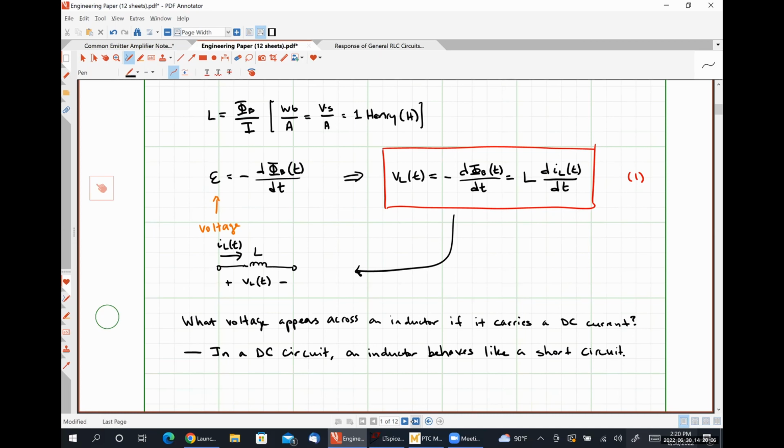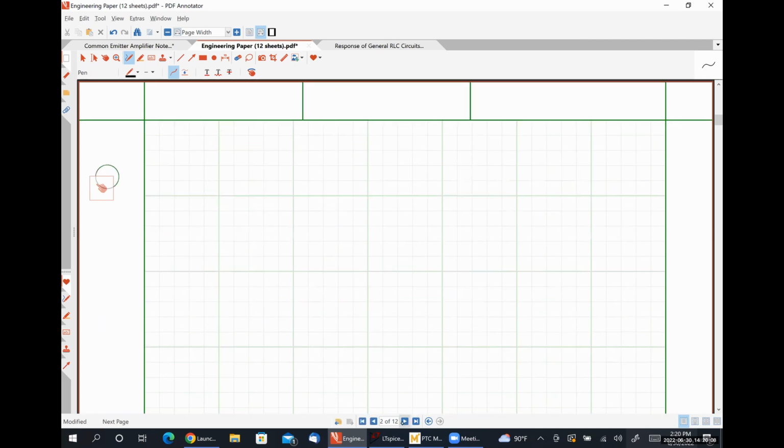Now, let's use a little math and look at a slightly different interpretation of what's going on here. Okay. So let's say that I'm applying a particular current waveform to an inductor.